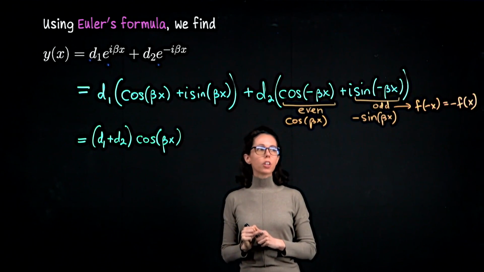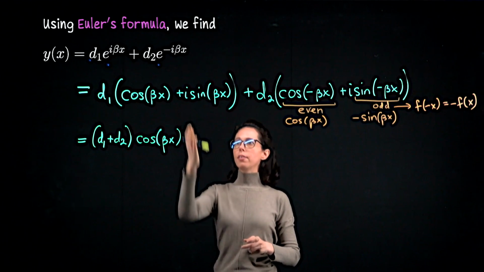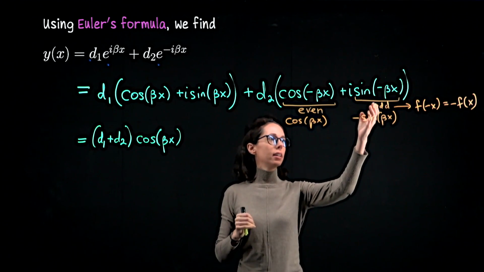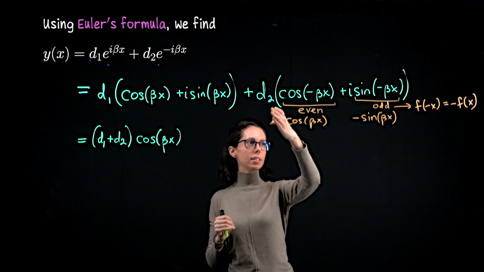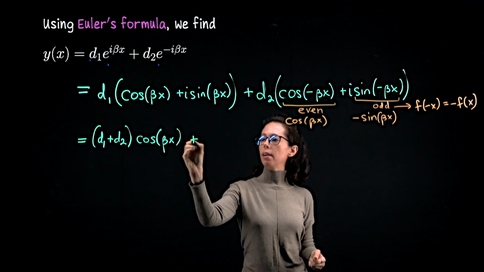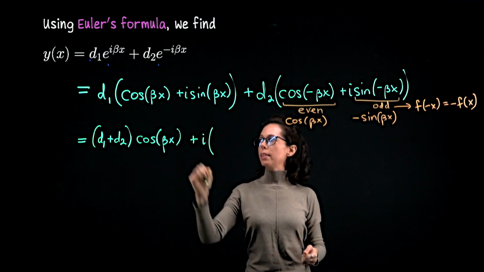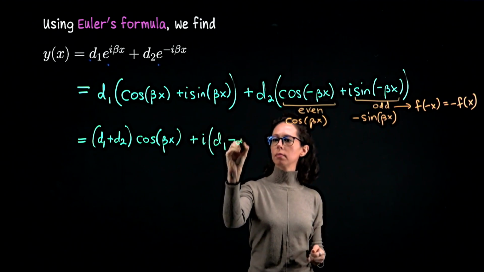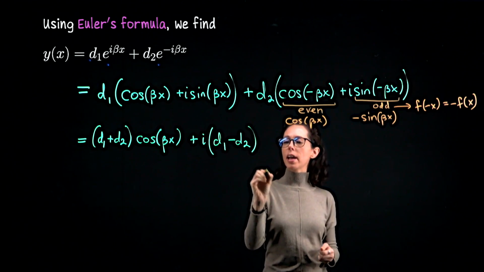Then similarly, looking at the sine functions, we have I d1 and then negative I d2. What I'm going to write is the I out front and then d1 minus d2, and then sine of beta x.